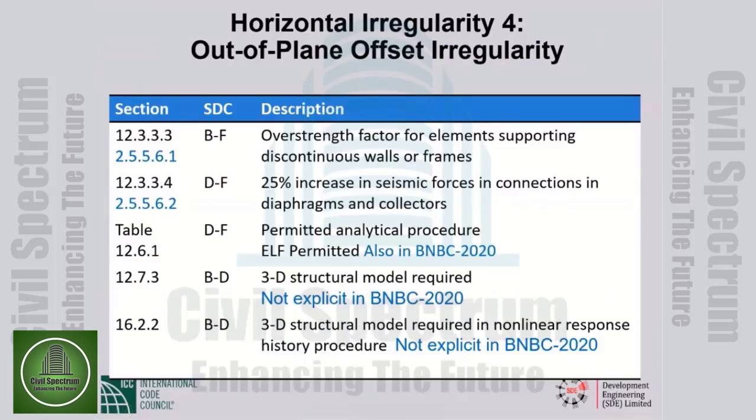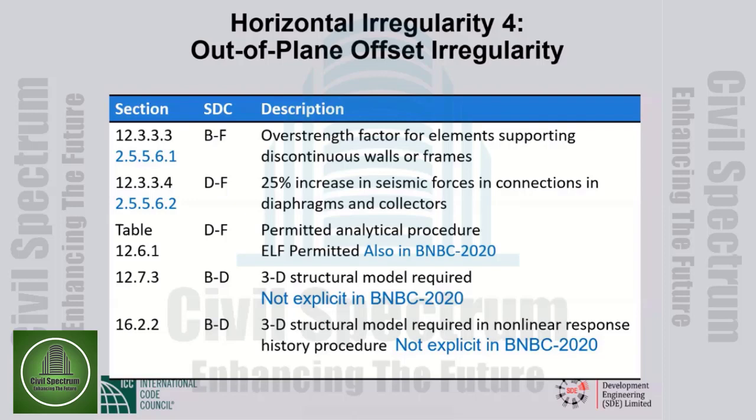So in this case, there are a lot of requirements, as you see. The columns supporting discontinued shear walls have to be designed for overstrength, as we have discussed earlier. The 25% increase in seismic forces in connections in diaphragms and collectors, that gets invoked. Permitted analytical procedures: ASCE 7-05 will permit equivalent lateral force procedures, so will BNBC 2020.